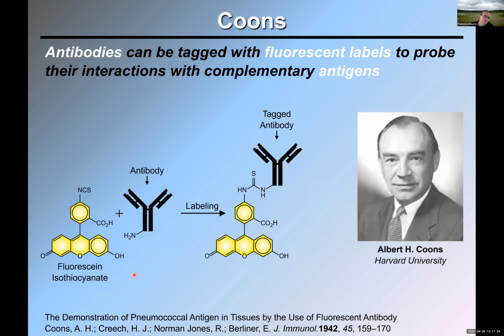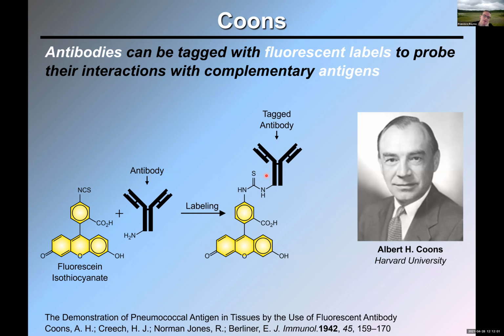And so what they did is to take a synthetic fluorophore, a fluorescein derivative, and attach it to an antibody. This compound is called FITC, which is an abbreviation for fluorescein isothiocyanate. The isothiocyanate group up here reacts with the primary amino group of the antibody, and so the fluorophore becomes covalently attached to the antibody.